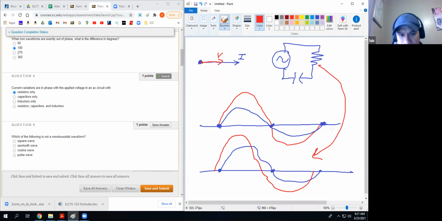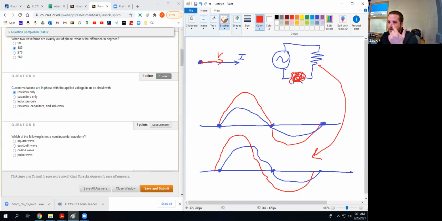So the capacitor affects both voltage and current, or just voltage? The point is that in a purely resistive circuit, so if I take this out of the circuit and there's only a resistor in there, the sine waves will be in phase with each other.